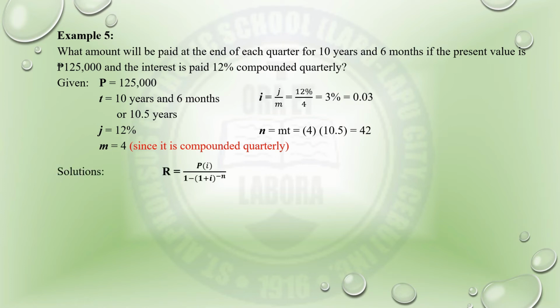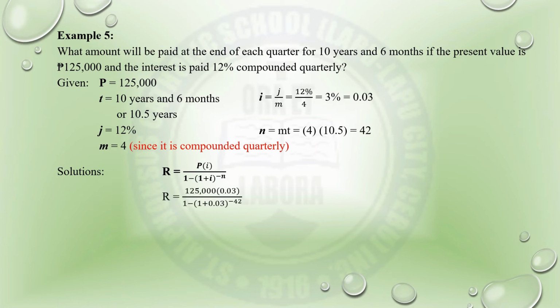So the solution: use the formula to find the regular or periodic payment of the ordinary annuity in which the present value is given. We have this formula: R is equal to P times I over 1 minus 1 plus I raised to negative N.